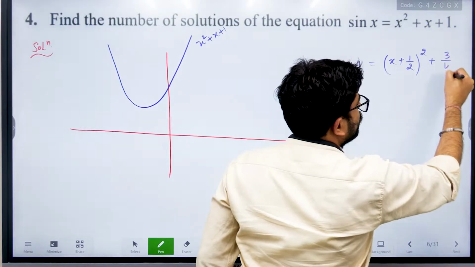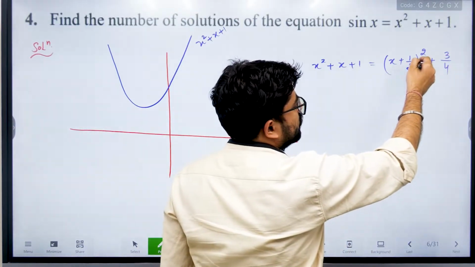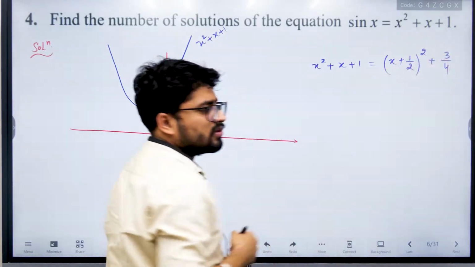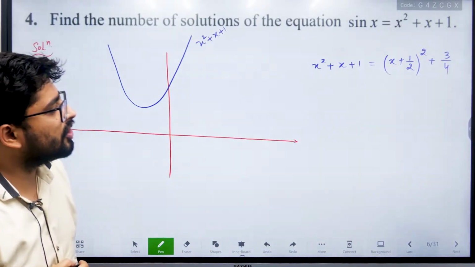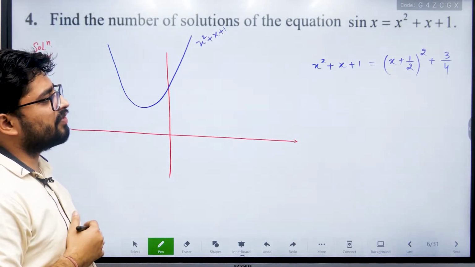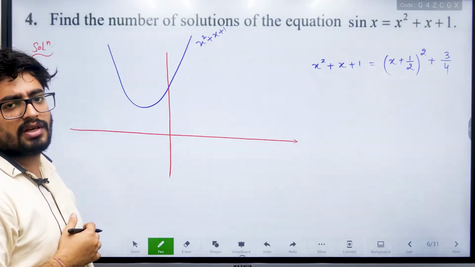The value is always positive, because x plus half whole square is non-negative, and if you add something positive it is always positive. So x plus half whole square plus 3 by 4; when you simplify it, you get the same thing, x square plus x plus 1.